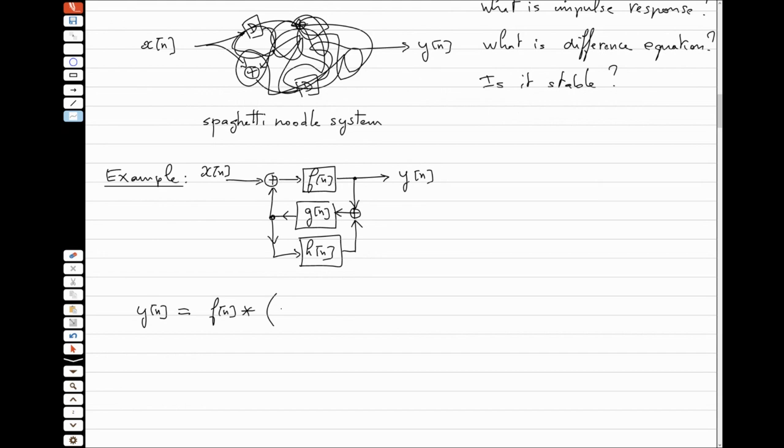It is the sum of x of n and the response of the system. But what is the response of the system? It is g of n convolved with its input. But what is the input? It is the sum of y of n plus this signal.